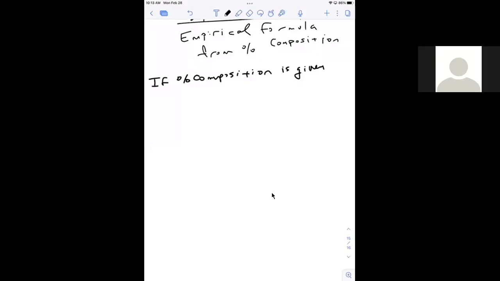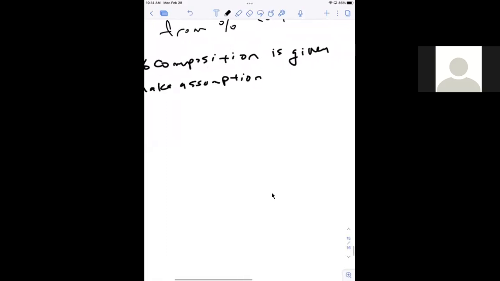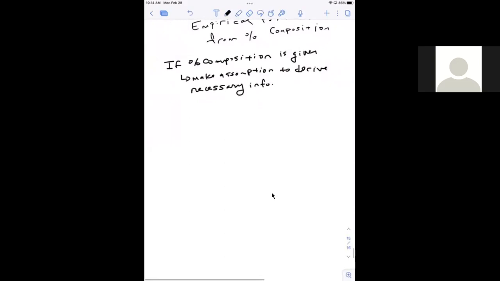Got to hit the formula. All right, so if you got the percent composition, then you can make an assumption to derive necessary information. And we're going to talk about that. So to derive necessary info, sometimes you have to make an assumption about a given mass or something like that.